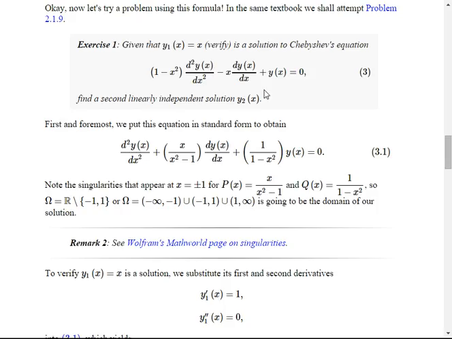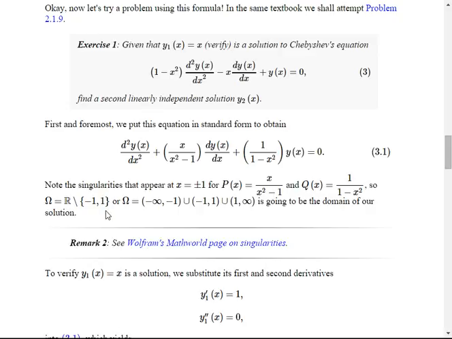This equation is not in standard form as it's given, so we divide all of the terms by 1 minus x squared, and we get the standard form of the differential equation. We see that this term here, p of x, has singularities at x equals -1 and 1, where the polynomial in the bottom is equal to 0.